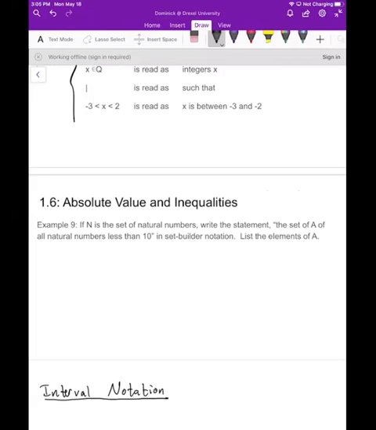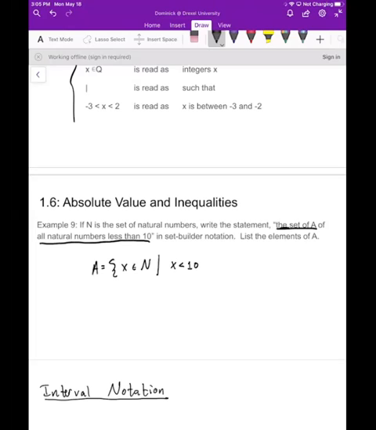Okay, so if n is the set of natural numbers, we want to write the statement, the set A of all natural numbers less than 10, in set builder notation. So we could say that A is the set of all natural numbers, so we'll say X in n, such that X is less than 10.